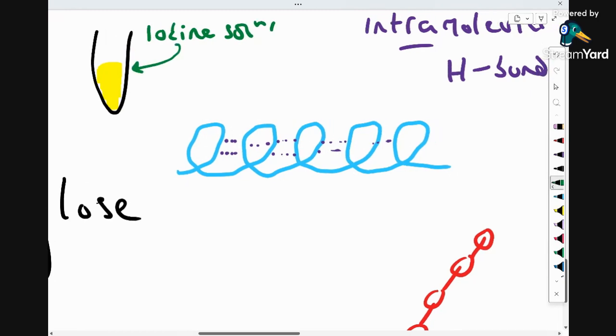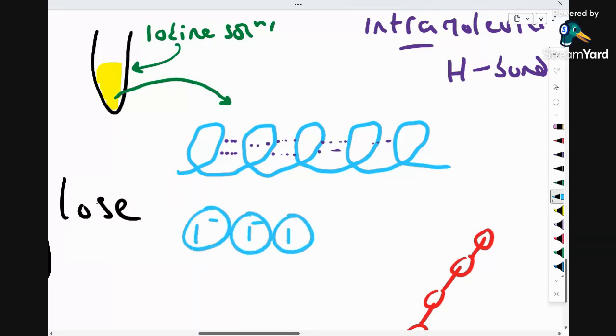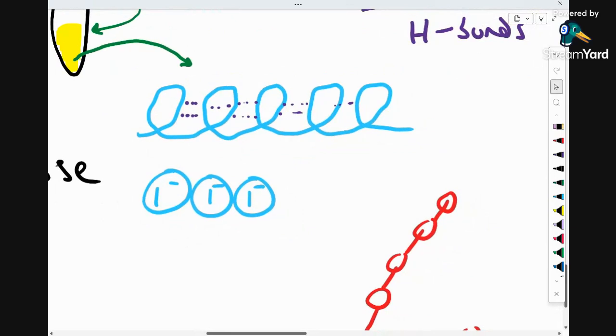And when we add this to our amylose, the iodide ions actually interact in threes. So we have I- 3 times. And this forms a complex of I3- ions. That's kind of what we call it.